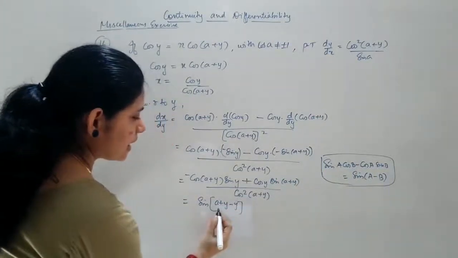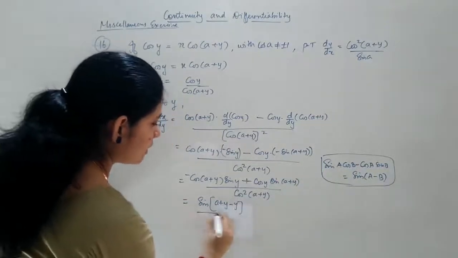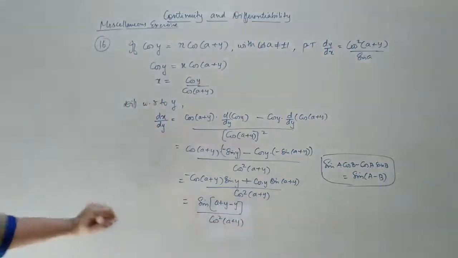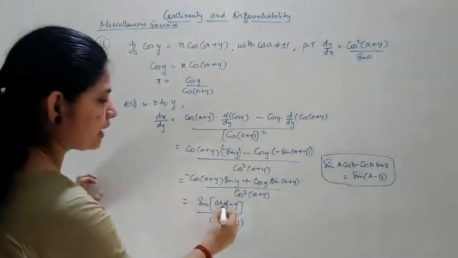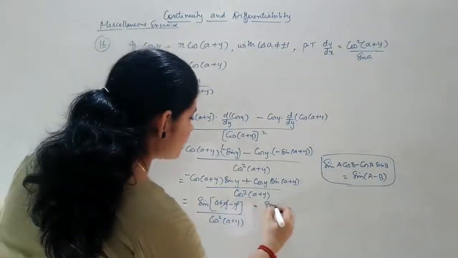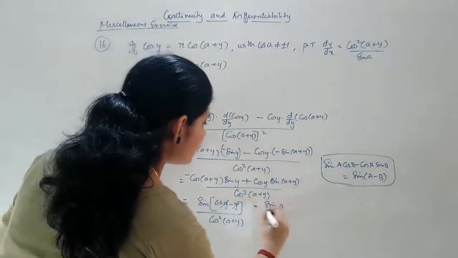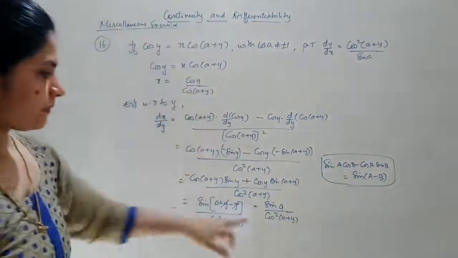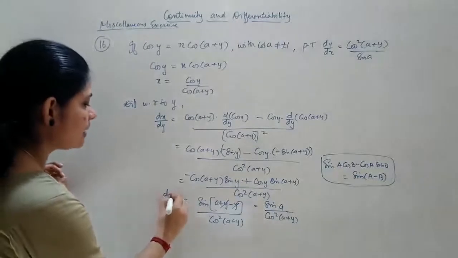So it is sin of A minus B in the numerator, and the denominator is cos square of A plus y. So these two get cancelled and it becomes sin a divided by cos square of a plus y. So this is actually your dx by dy.